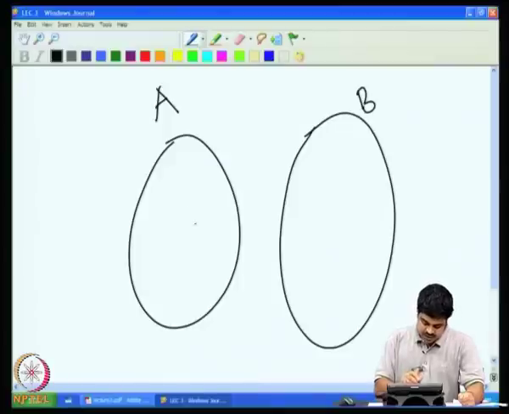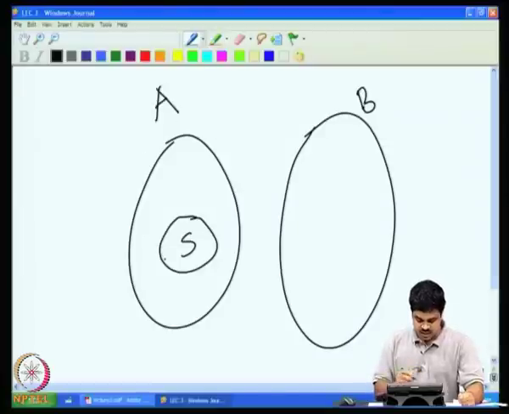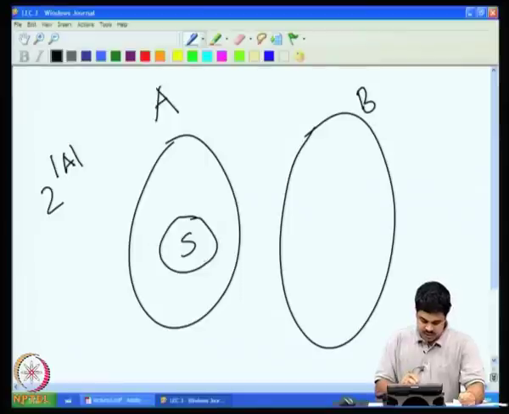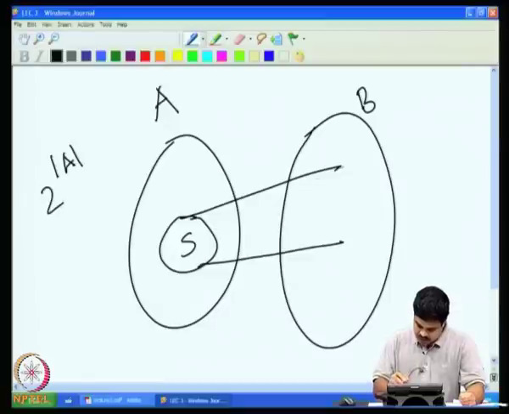Hall's condition says if you take any subset S of A, there are 2 raised to |A| possible subsets, any subset of A if you consider, and count the number of neighbors that S has.